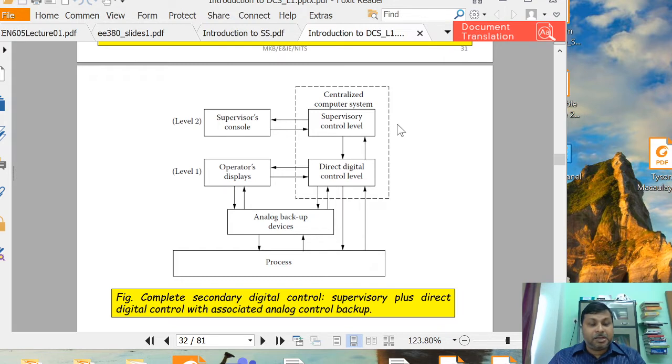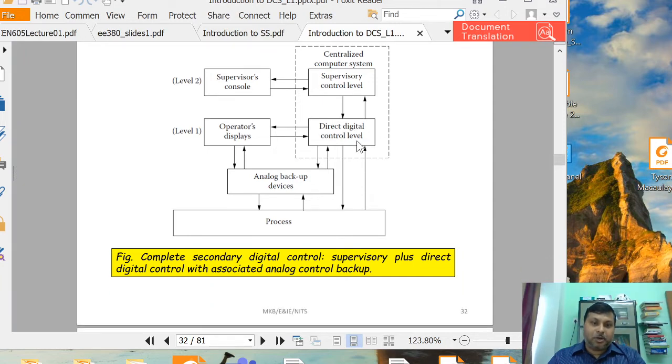But in terms of level control hierarchy, at level 1 direct digital control is executed by a set of computers, and in the supervisory level, level 2, the computer is generally used to change the set point of the direct digital controller.